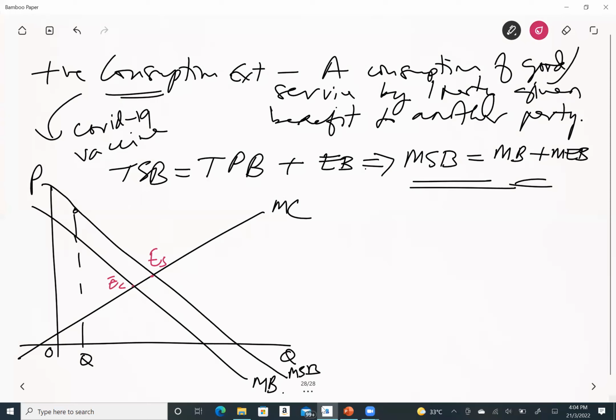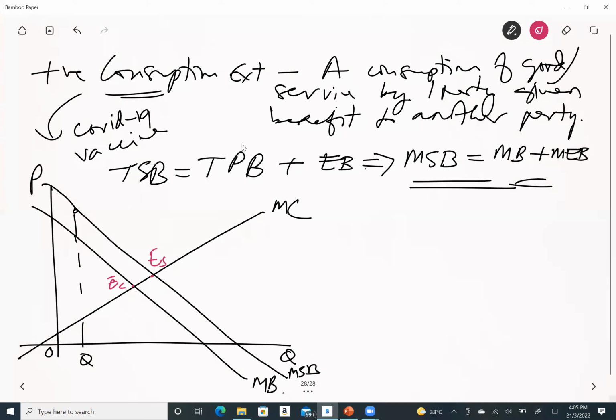All right. Now with positive consumption externality, does the market produce too little or too much output? Too little. Okay. So you compare the output level, QC is less than QS. So therefore, the competitive equilibrium quantity is lower than the social equilibrium quantity.